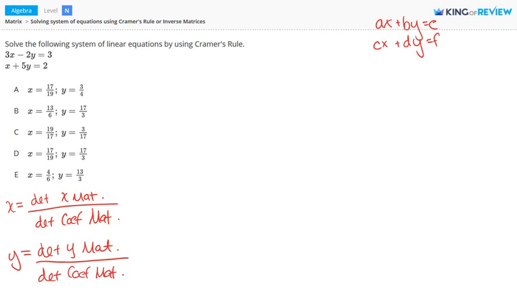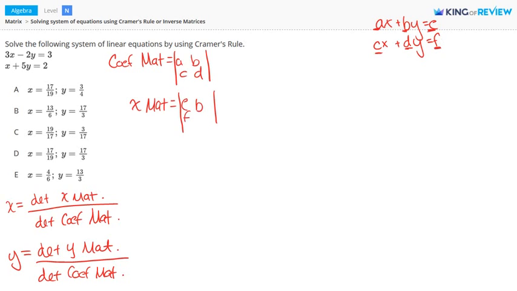So let's set up our matrices. We'll start with the coefficient matrix. The entries in this matrix are just the coefficients of our x and y terms, so A, B, C, and D. The x matrix starts with E and F, and you notice E and F are the constants of our equations.